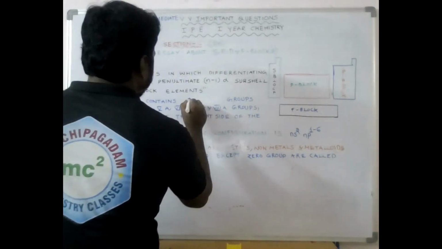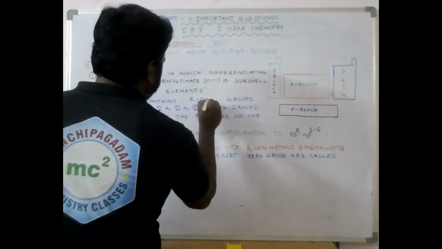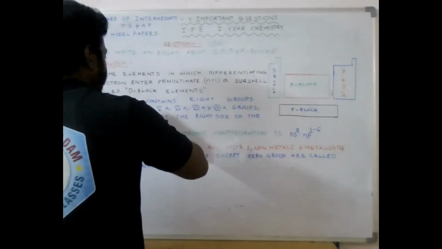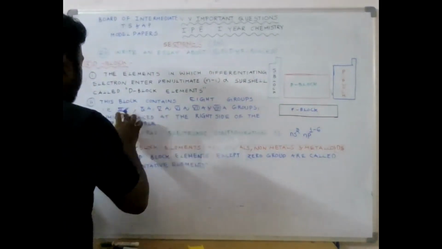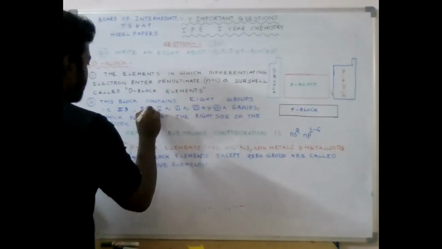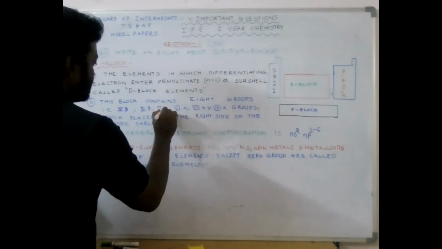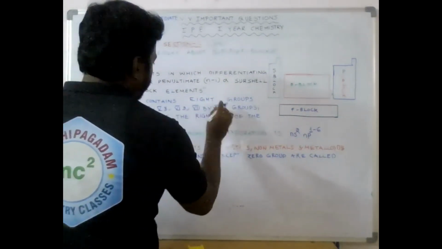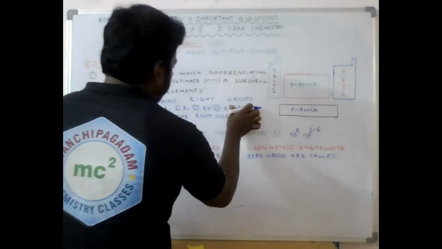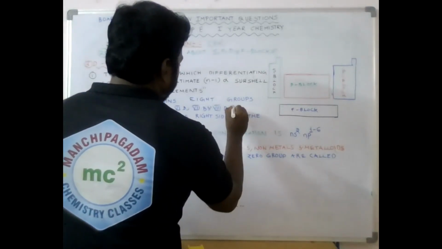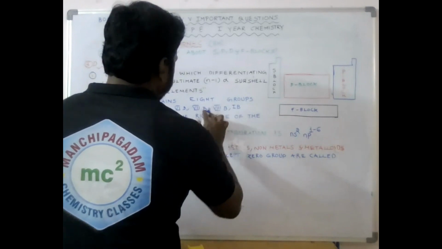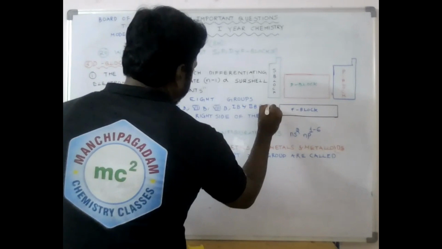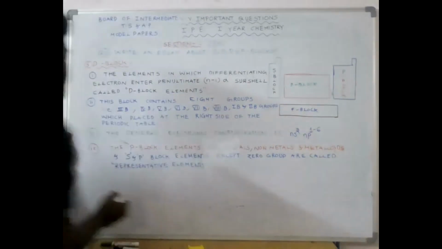So you should write 3rd B, 4th B, 5th B, 6th B, 7th B, 8th B, and 1st B and 2nd B groups. Total 8 groups are there.